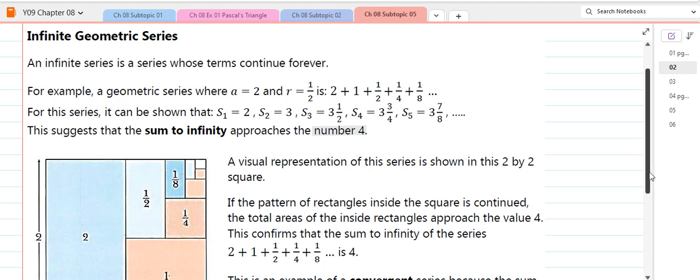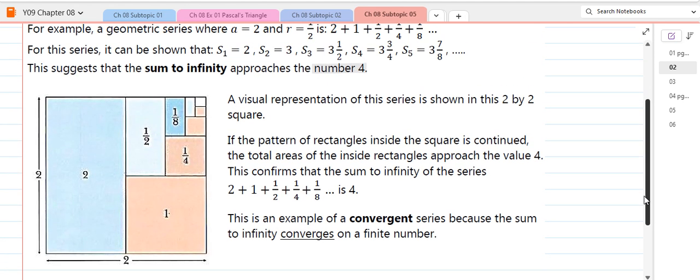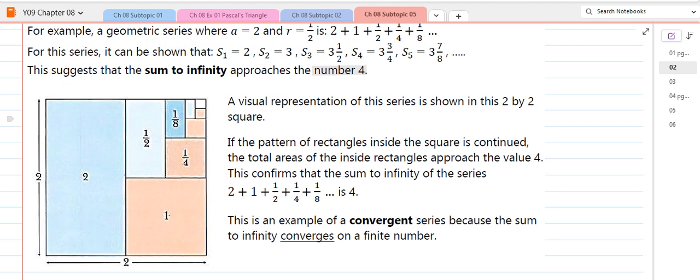Here is the visual representation of the series. You begin with 2, and then as you apply the common ratio of half, you have 1, then 1 over 2, 1 over 4, 1 over 8, and so on.